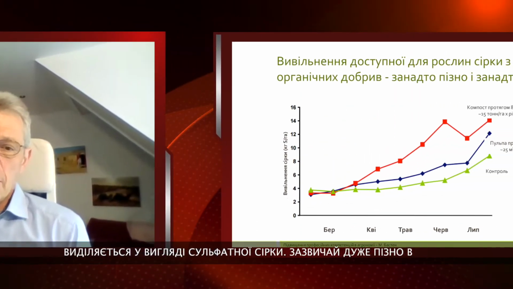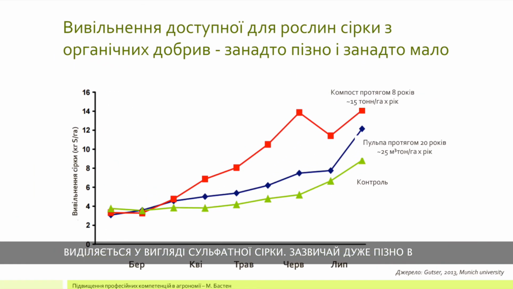And even if the soil is loaded with heavy amounts of compost for 8 years at 15 tons, or slurry for 20 years, this organic sulfur is released as sulfate sulfur normally too late in the season, because we need the sulfur already in March, April, and you can see that the release of this sulfur from organic matter is quite limited early.